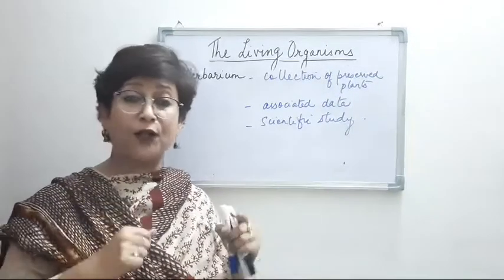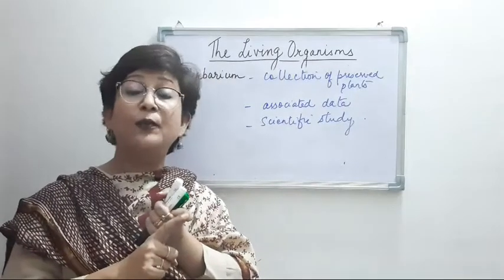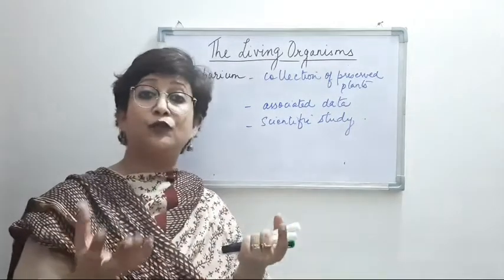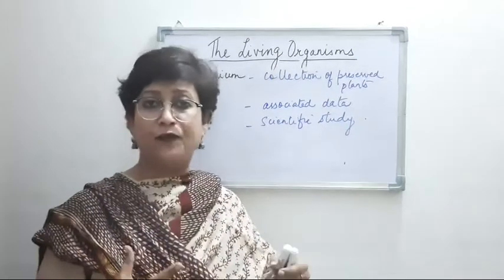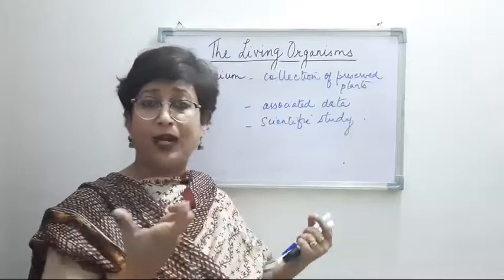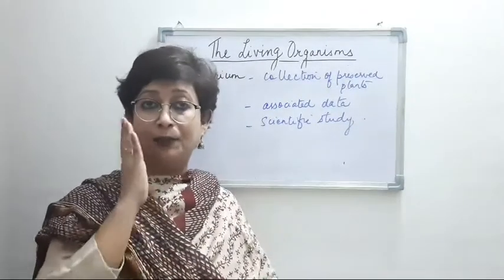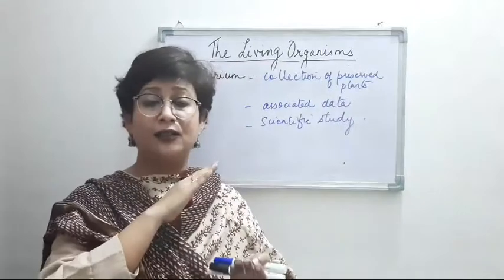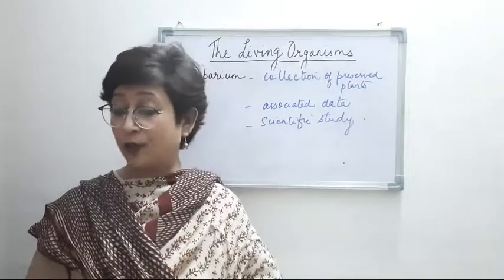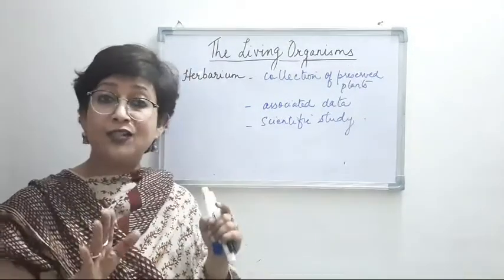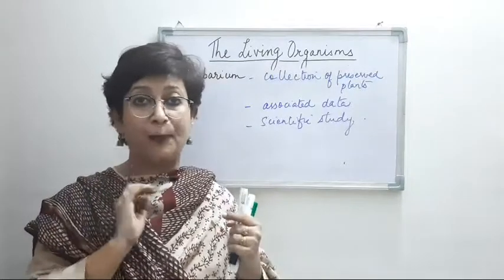So drying is important because we need to remove the moisture, otherwise this moisture would be an invitation to the fungus, right, and that would lead to fungal infection, and then of course the plant part may get desiccated. So to avoid that, the parts of the plant are first dried, right? So whatever specimen is there has to be dried, and after it is dried, only then is it mounted on a sheet of paper, right?